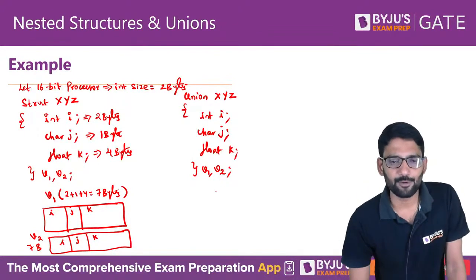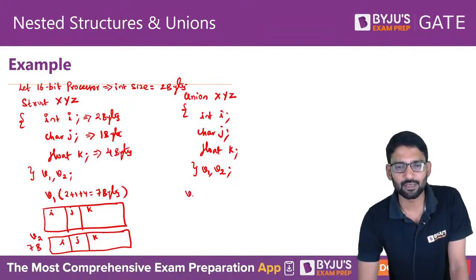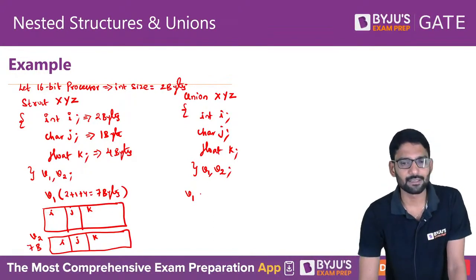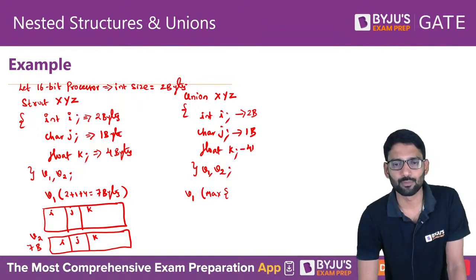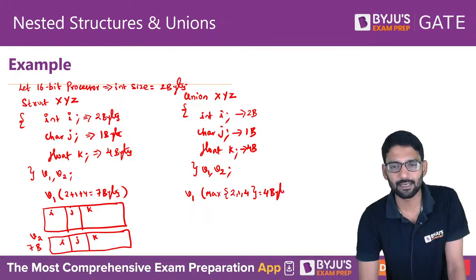But if you take the union's variable v1, it is the max of 2, 1 and 4 bytes. So max of 2, 1, 4, that is 4 bytes will be allocated for v1.